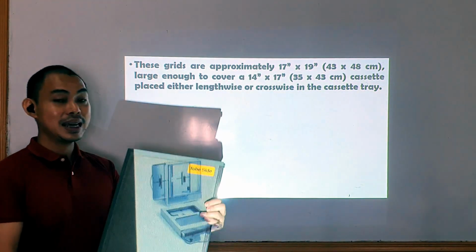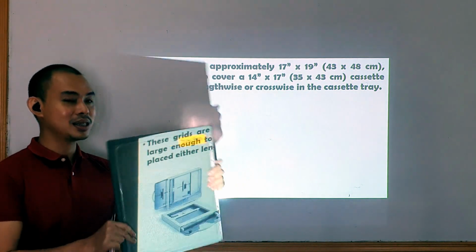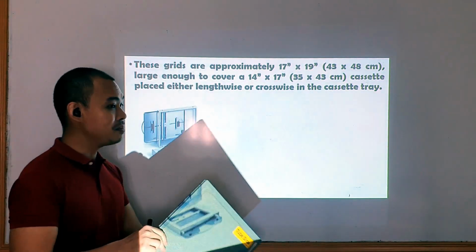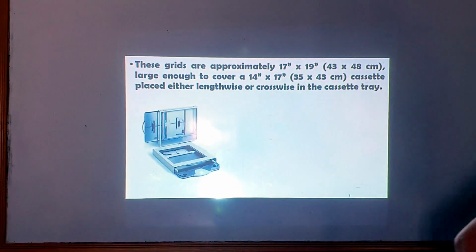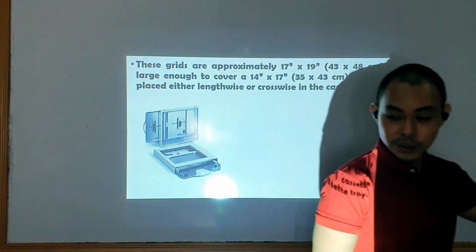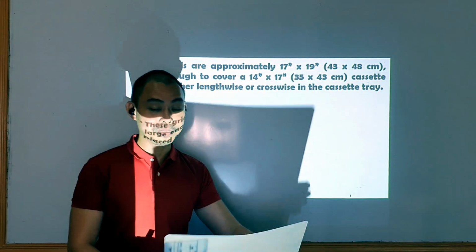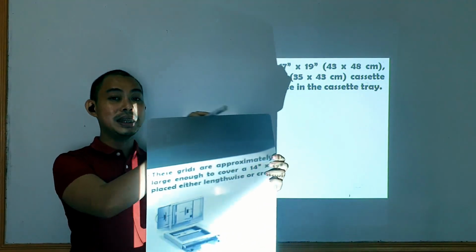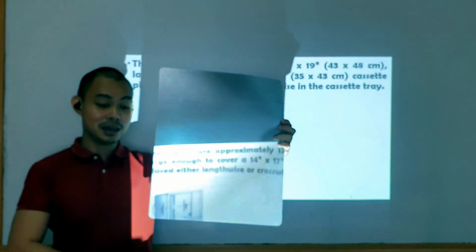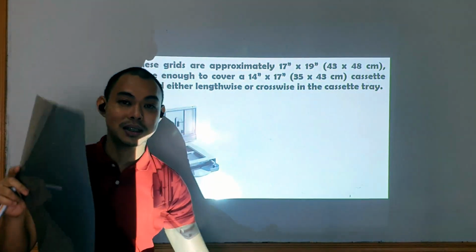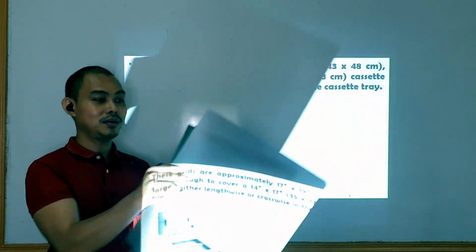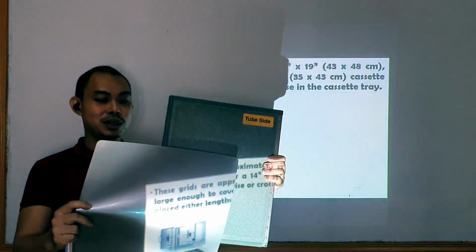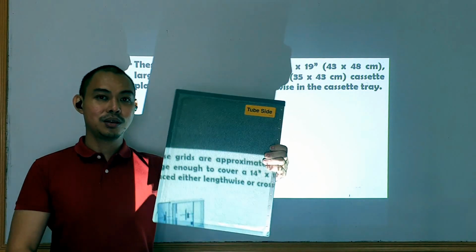This one, guys, is an 11 by 14. This is not the largest that we have. We have the largest, which is 14 by 17, which we will use to place our X-ray film, which is also 14 by 17. Because you cannot place this one here. Can you see it? Because the image receptor is smaller.